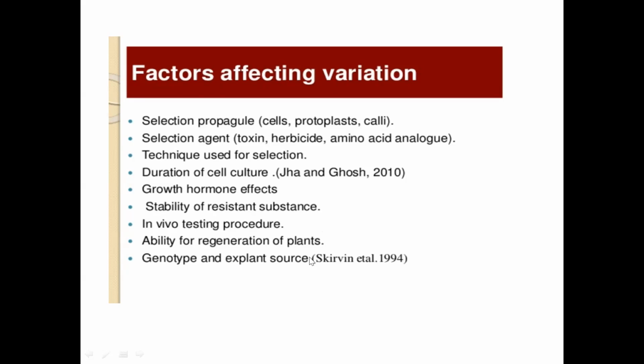The explant should have a strong genotype, it should be less prone to mutation. It should not be more prone to mutation. You should have a very stable explant. That means you will get the explant from a plant which is grown in the most normal, most favorable conditions.